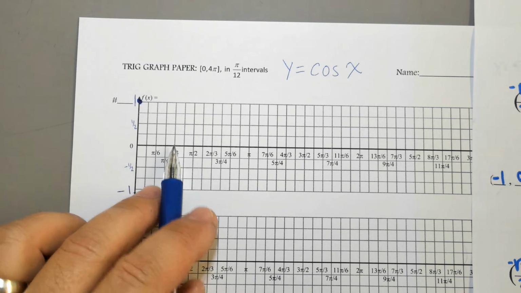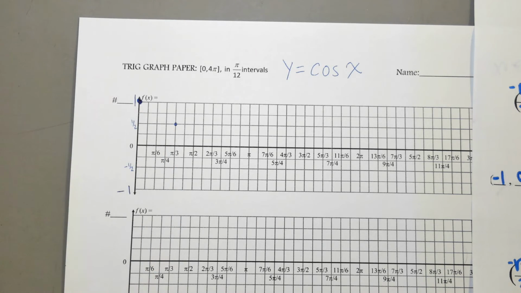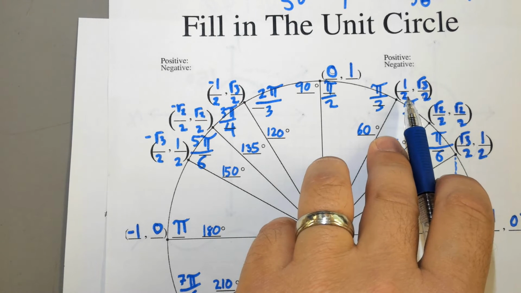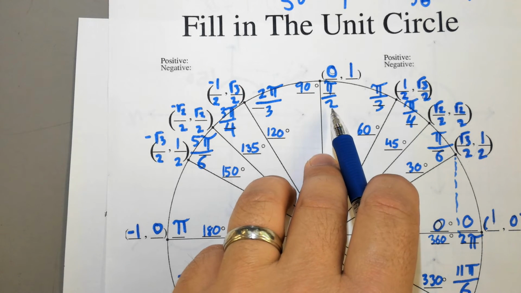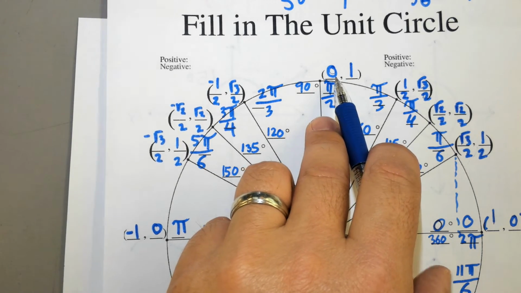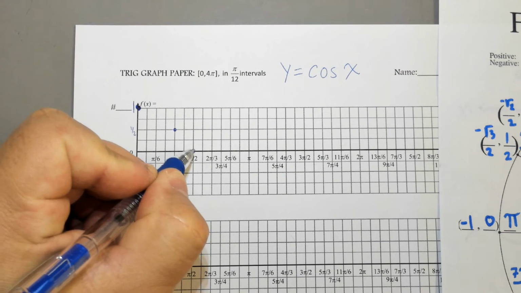So again, at pi over 3, I'm at 1/2. Let's go back to our unit circle. At pi over 2, we are at 0 now.